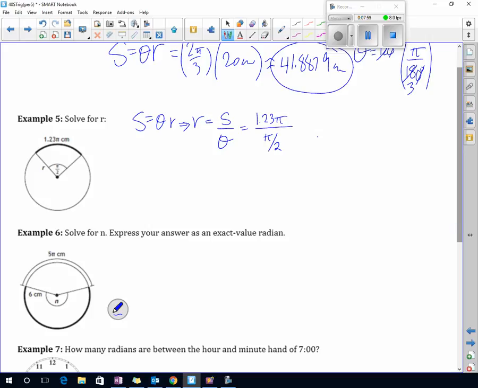Does everybody see the pi will cancel? Just left with 2.46, and that would be centimeters, yes? Okay, next one.